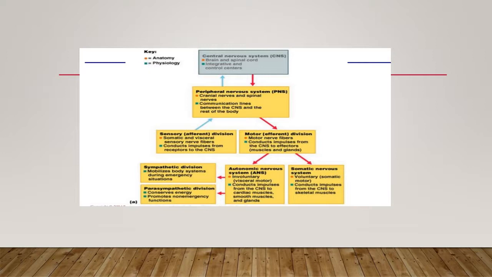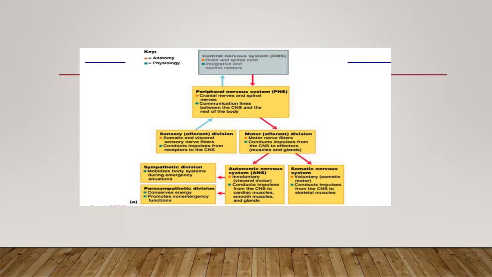The nervous system consists of the central nervous system, the brain and the spinal cord, and the peripheral nervous system, which has sensory and motor. Okay, we had just discussed the sensory and the motor neuron. Over here, the motor neuron is again divided into autonomic and somatic nervous system, which is again sympathetic and parasympathetic.